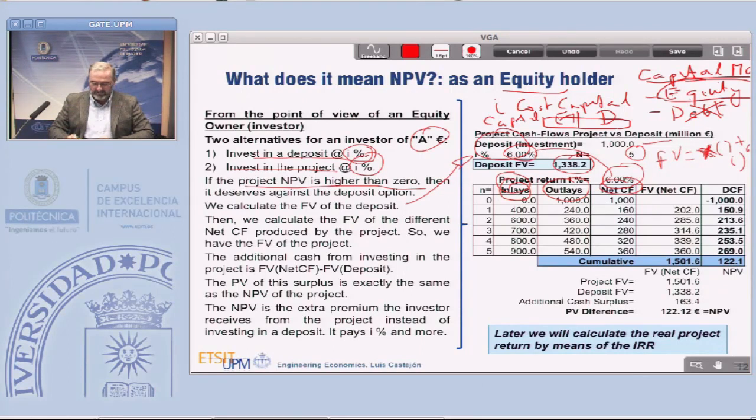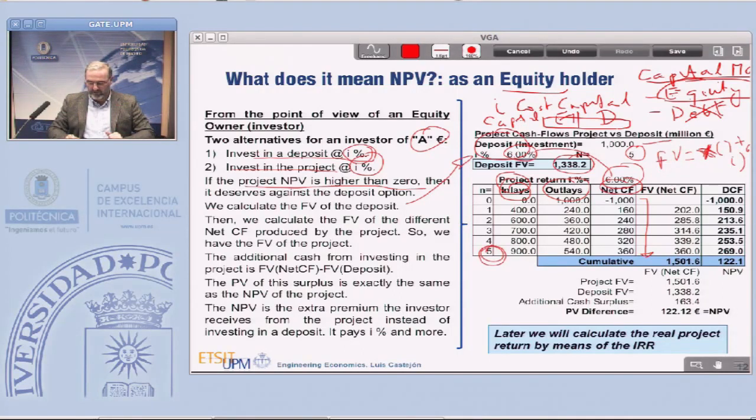So we are moving the cash flow to the end of the year. Why to the end? Because the same we have done with the other alternative investment, which is the deposit, we have calculated the future value of the deposit. So if we want to compare the project investment with the deposit, we have to move the money to the same time. So we have chosen to move to the future.